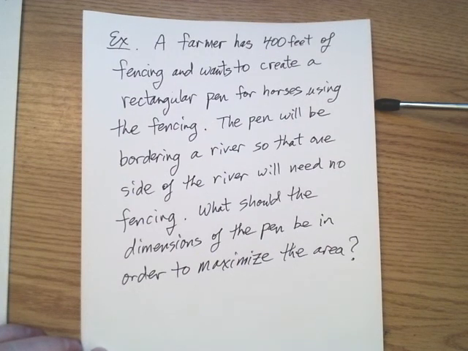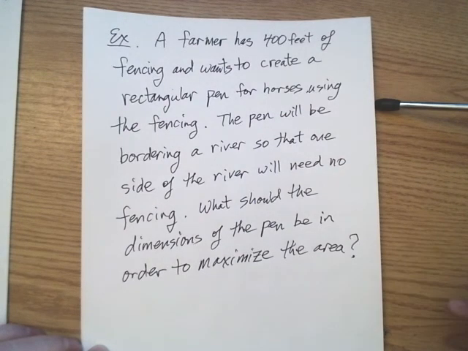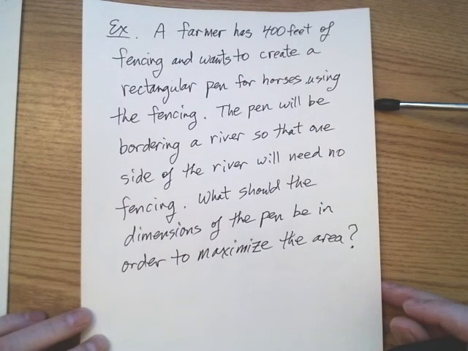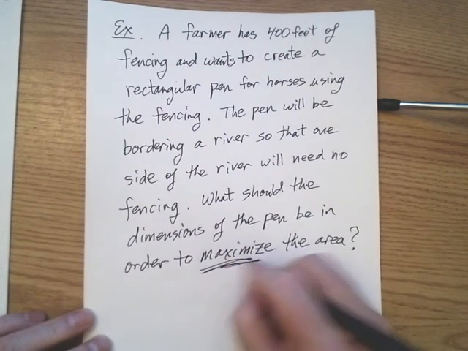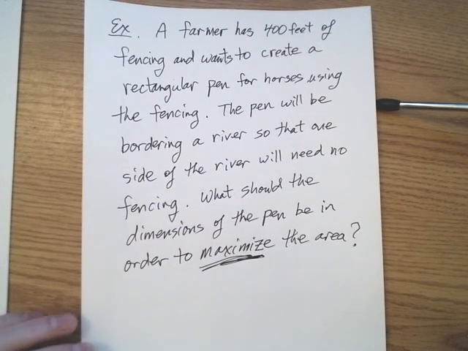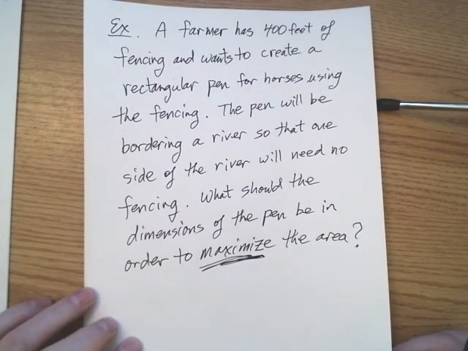The pen will be bordering a river so that one side of the river will need no fencing. What should the dimensions of the pen be in order to maximize the area of the pen? So this farmer is interested in maximizing the area of the pen. That sounds like a reasonable thing to want to do.